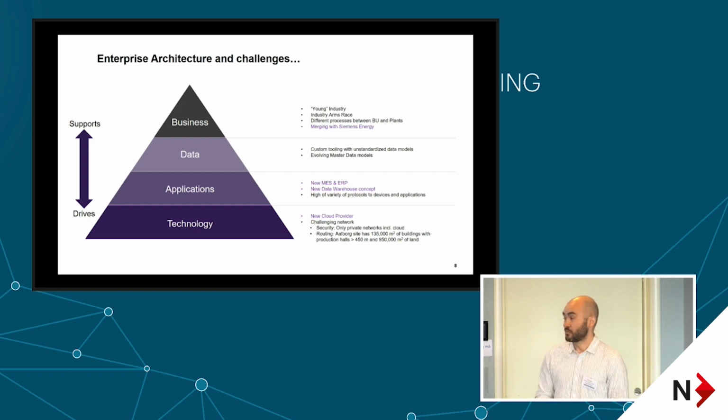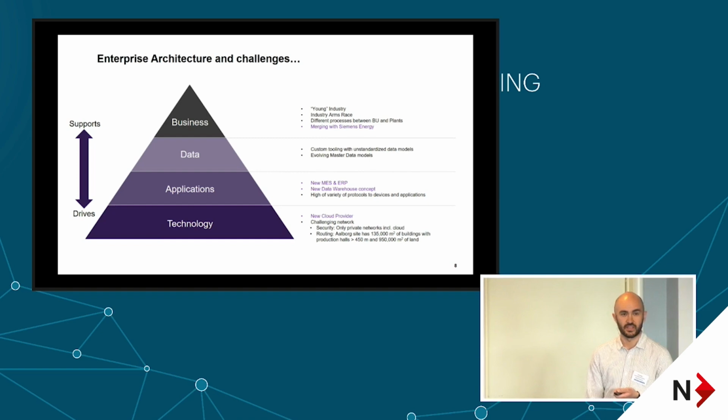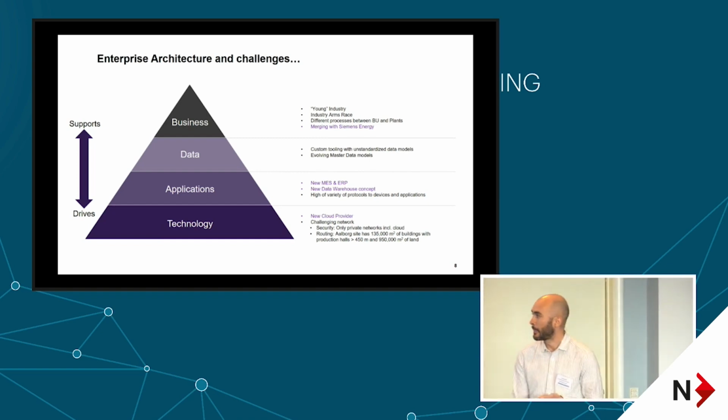That means our processes are not always well standardized, and our processes between our business units are also different, and also between our plants. Producing a blade is very different from producing a nacelle. On top of that, we are currently merging with Siemens Energy and their landscape and their processes, which also gives rise to a lot of changes.